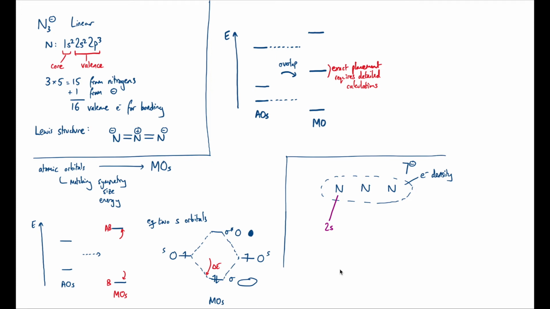So just to keep the distinction, we're going to have a 2px, 2py, and a 2pz. Each one of those orbitals is at right angles to each other. So we've got 4 atomic orbitals from each one, and 4 atomic orbitals from this one, and 4 atomic orbitals from this one. So we're starting to get into quite a complicated problem. Altogether there are 12 atomic orbitals in total.